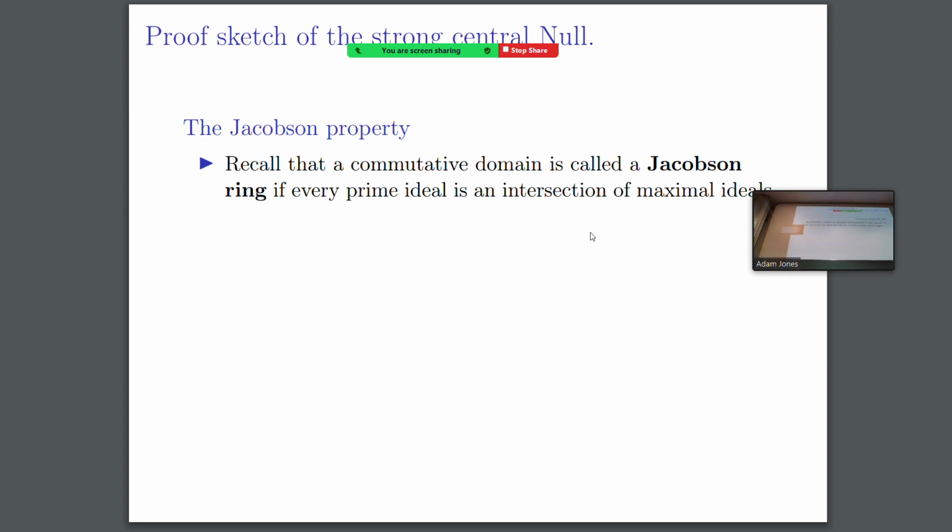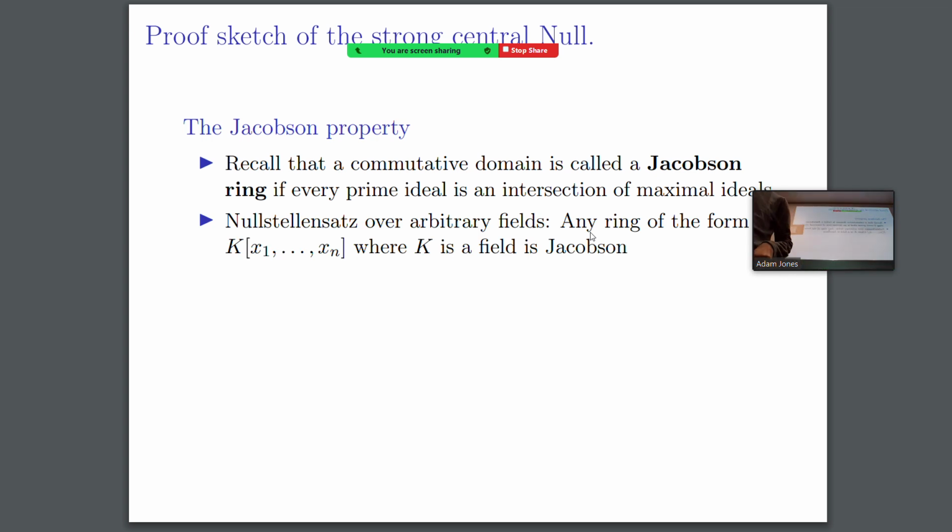Recall that a commutative ring is called a Jacobson ring if every prime ideal is an intersection of maximal ideals. And then there is a classical result, sometimes known as the Nullstellensatz over an arbitrary field, stating that any polynomial ring over a field in any number of variables is a Jacobson ring.